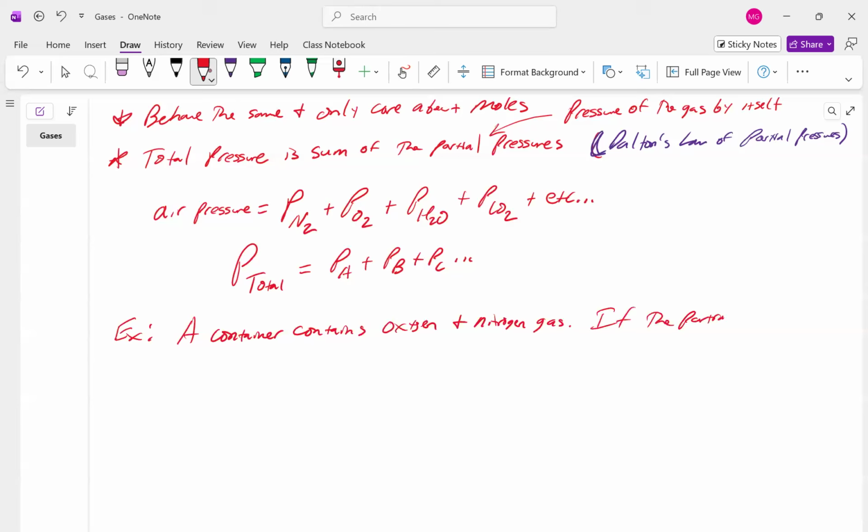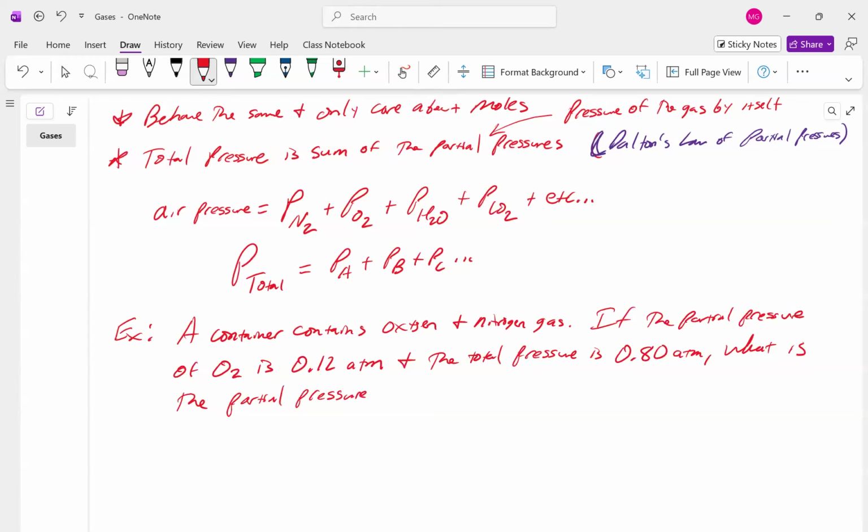If the partial pressure of oxygen is 0.12 atmospheres, and the total pressure is 0.80 atmospheres, what is the partial pressure of nitrogen?